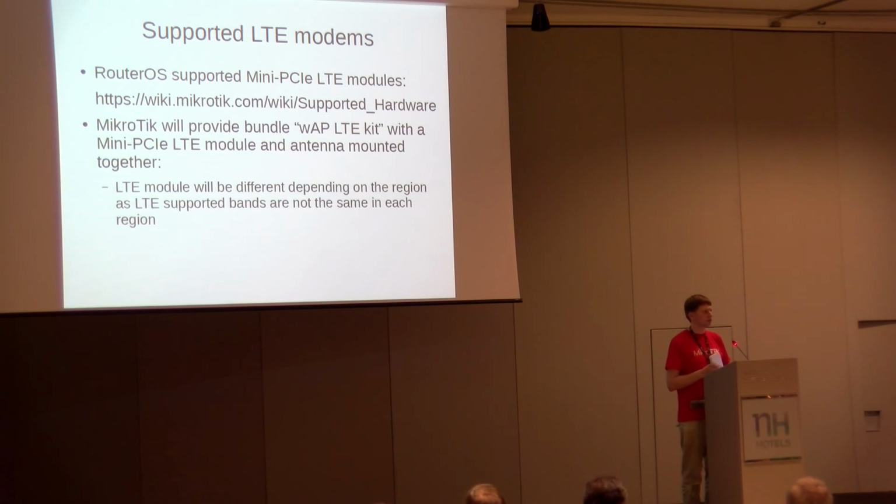So each region will have a different LTE modem inside. First we'll have an EU version, and later we'll have a different US version, and there will be different LTE band support also for 2G and 3G. So when the product comes out, you'll need to check which version is required in your country. You need to check your LTE band specification.